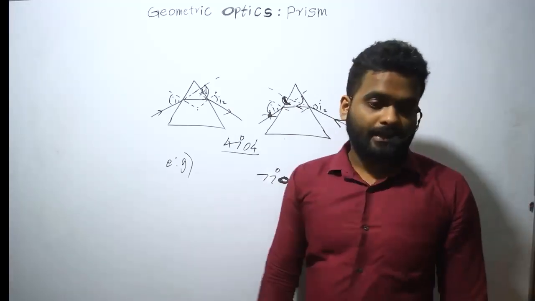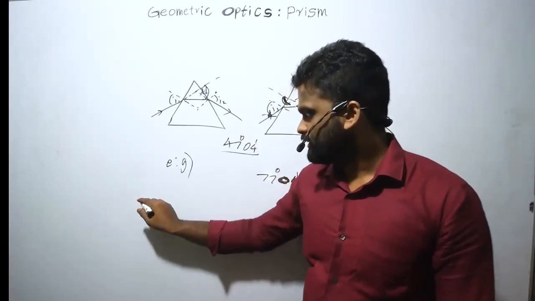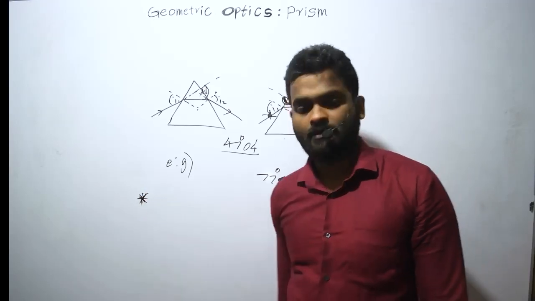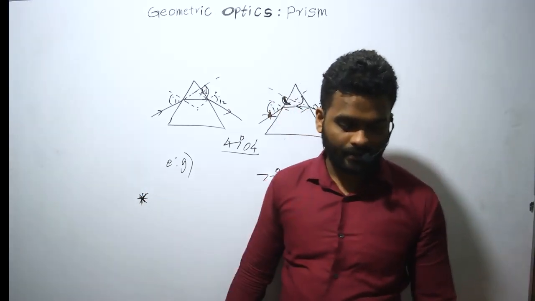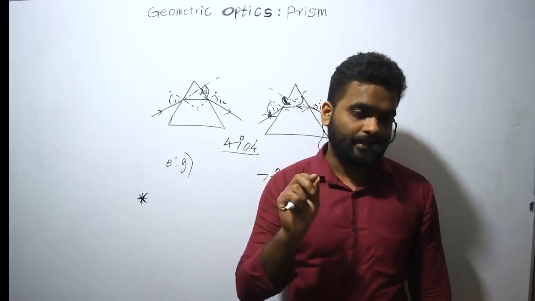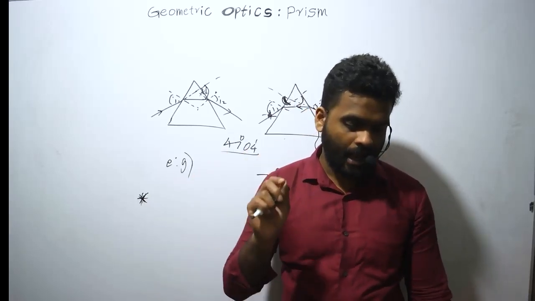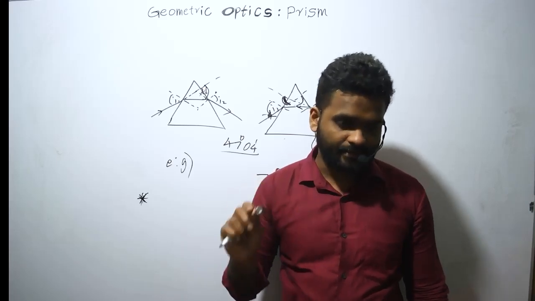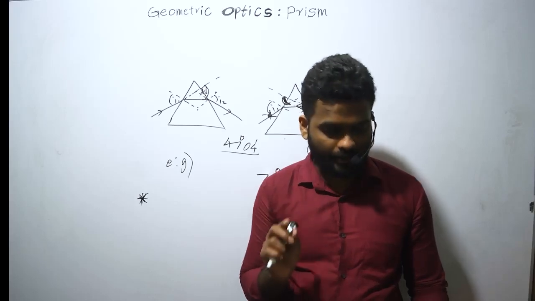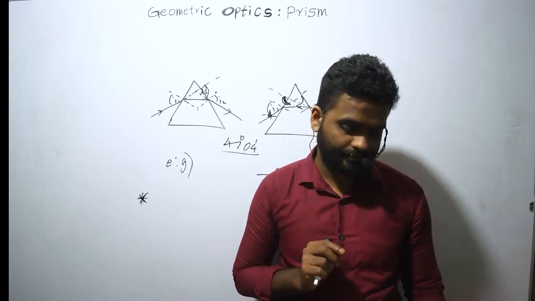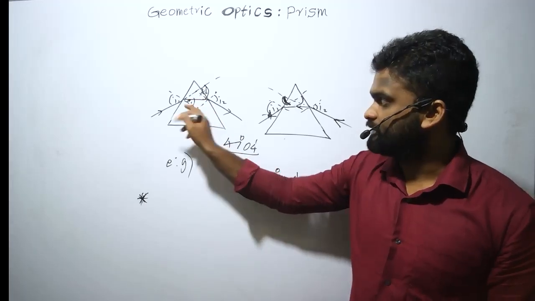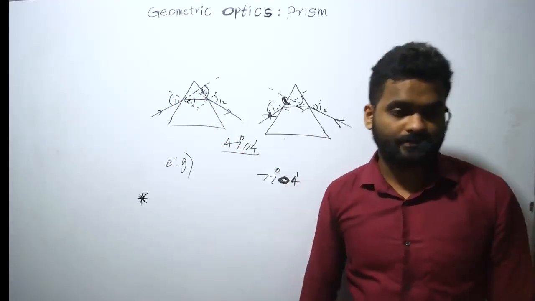Another thing you need to understand, first we'll take it down, put an asterisk mark, put a star, write down: when I1 decreases, R1 decreases.